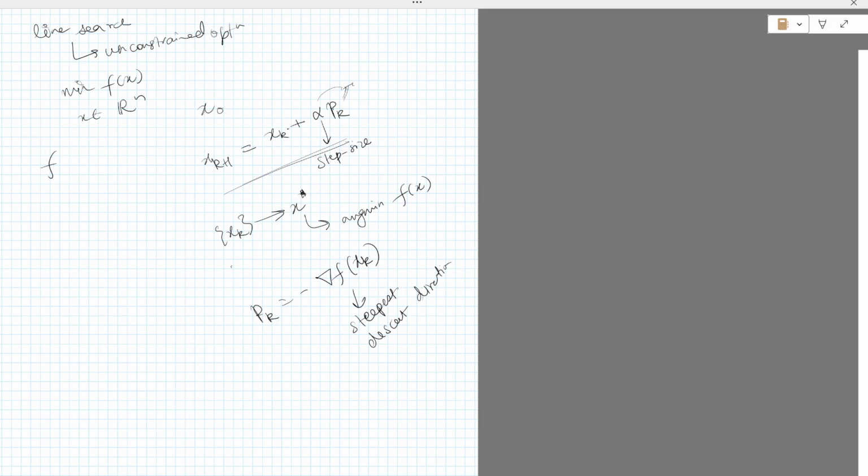Then there was a discussion on constrained optimization, in which you make use of a penalty function to turn the constrained optimization into an unconstrained optimization. So you have f(x), which is the objective, plus c times p(x), which is a penalty function.